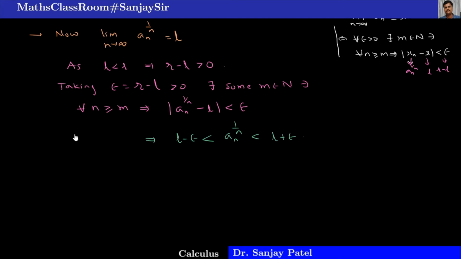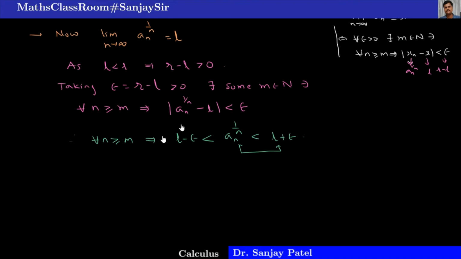So what we have proved is this: for every n greater than or equal to m, this thing is true. Here a less than b less than c is true. So I want to use only this inequality, that b is less than c. Everything is true. A is less than b as well as b is less than c.